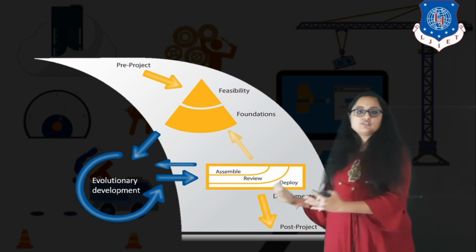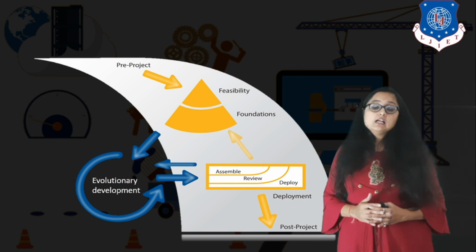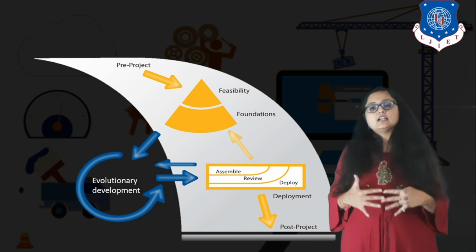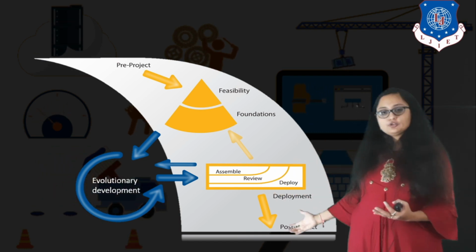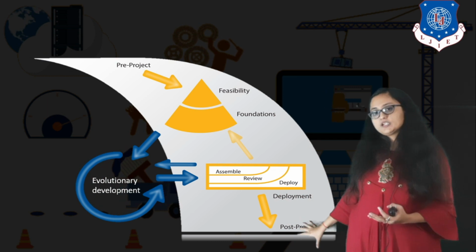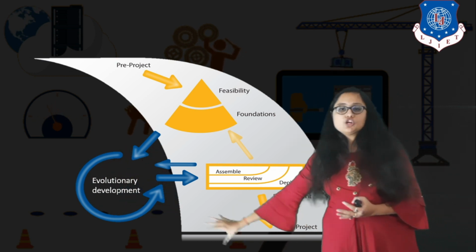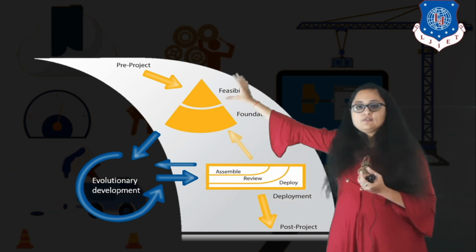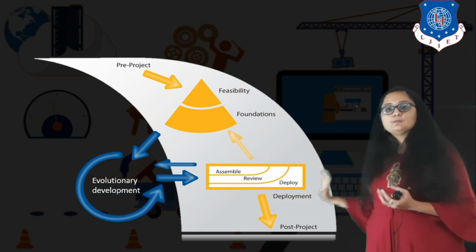This is also one of the traits of the dynamic software development model, in which you are analyzing the main functionalities and deploying them, reviewing them, and giving them to the customer. That is the post-project, where the customer gives you feedback, and again you repeat this cycle of evolutionary development, right? So the main focus in dynamic software development is the pre-project, evolutionary development, and the post-project.